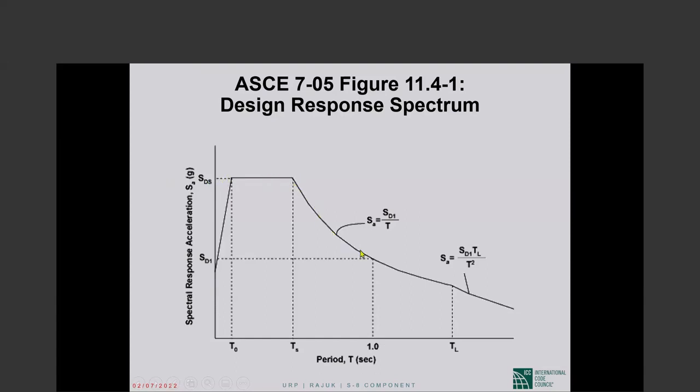This is the constant velocity part of the spectrum. This is the constant displacement part of the spectrum, but that's kind of irrelevant now for our purpose. The period where the ramp meets the flat top is T sub 0. Where the flat top meets the descending branch is T sub S.